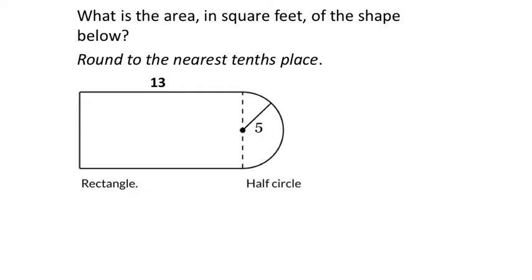So I'm going to need to find the area of both. And I know the area of the rectangle is just length times width. And the area of my half circle, I'm going to take the area of what would be a full circle, pi times the radius to the power of 2. But I'm going to have to cut that in half because it's a half circle.